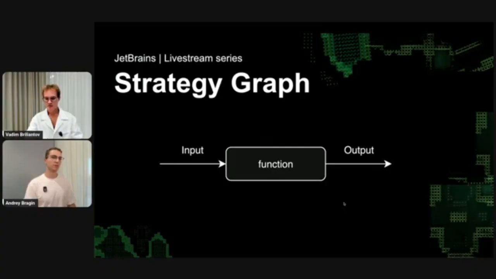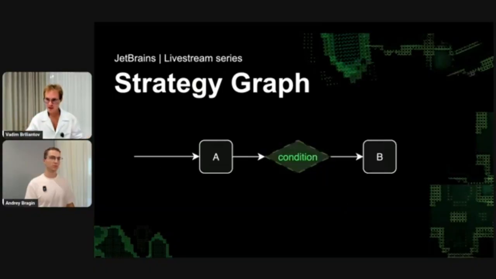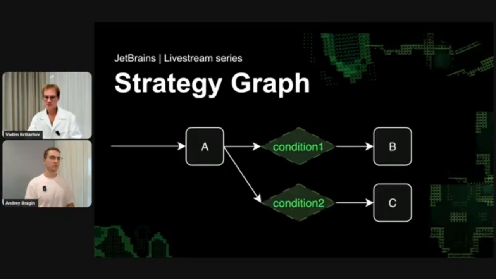Basically, a graph of your agent consists of different nodes, where a node is just a normal Kotlin function. It has some input, and it has some output, and it explains how to transform the input into the output. As simple as that. You can think of nodes as just like functions. And then, depending on the outputs, you can build some conditions, or many of them.